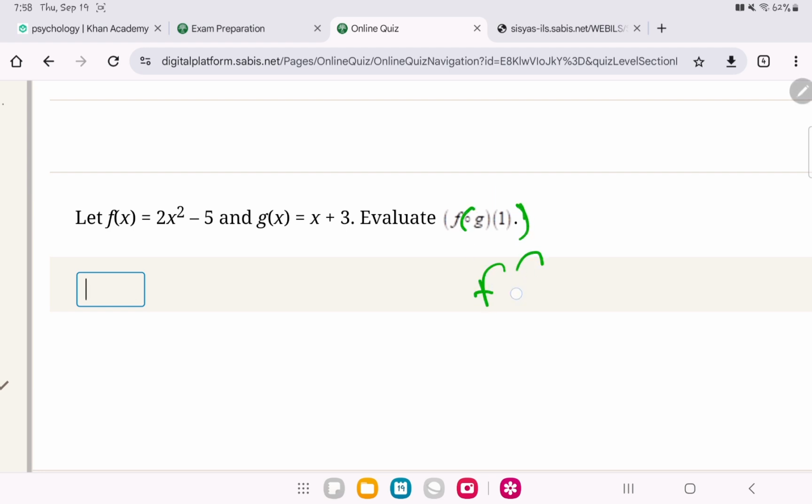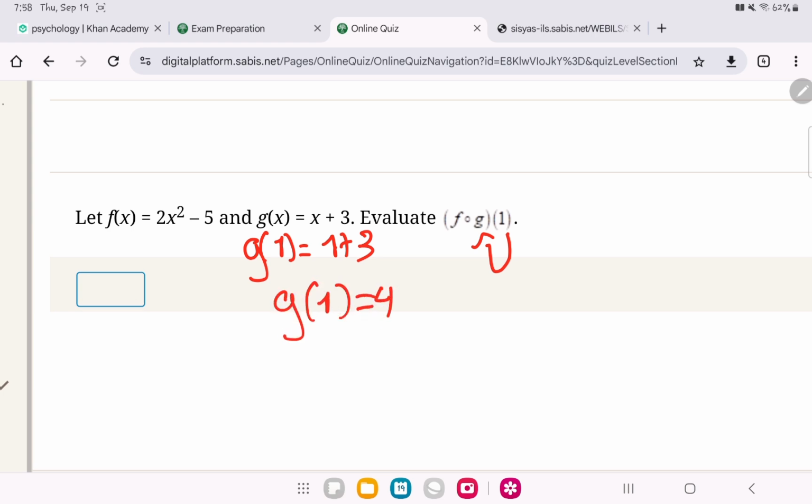So f of g of 1. Or we can start from the right to the left. That means we have to substitute 1 in g. So for every x in the g, we substitute 1. So 1 plus 3, that means g of 1 is equal to 4.